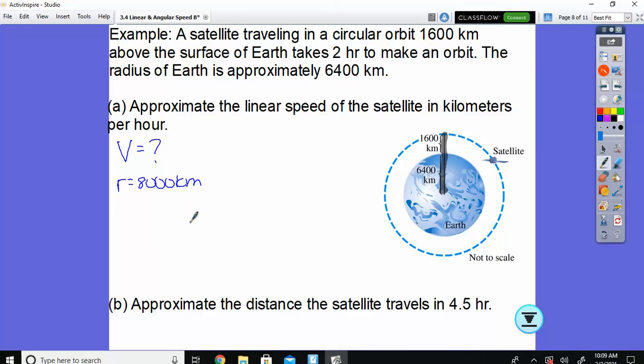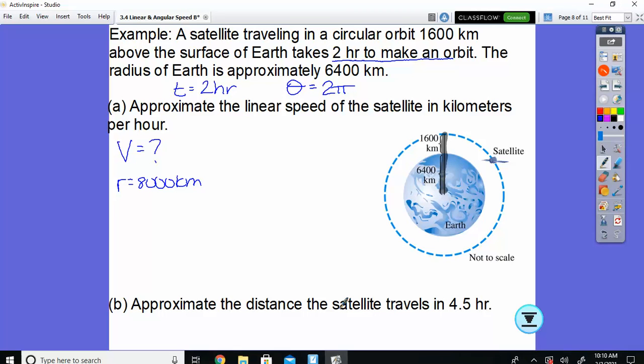I've also told you it takes 2 hours to make an orbit. So when my time is 2 hours, an orbit means you went all the way around. So what's your angle? 360. But we need to be in radians always, so 2 pi.